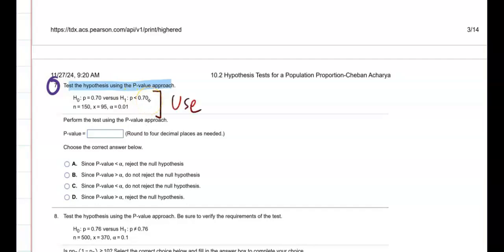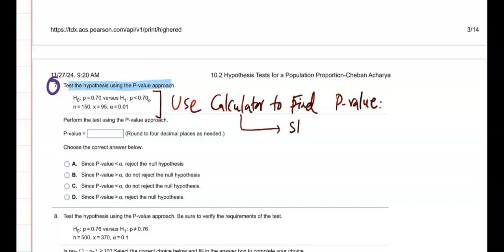Use the TI calculator to find the p-value. What's the calculator function? Calculator function is STAT, TESTS, number 5. You input all the data values here.